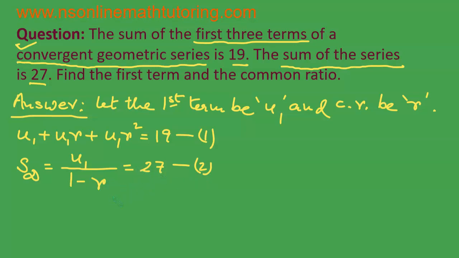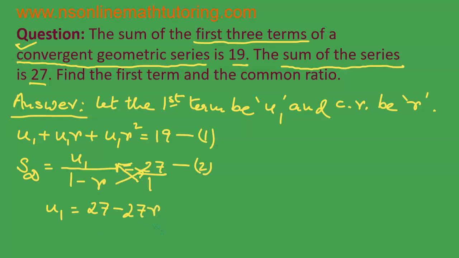Now from this second equation, let us first of all cross multiply. This is 27 over 1. So we may cross multiply and it will be U1 times 1 is U1 and 27 times 1 is 27, 27 times negative R is negative 27R.